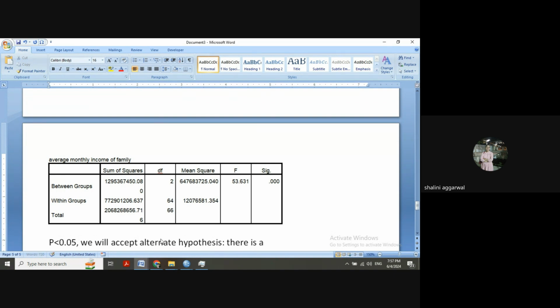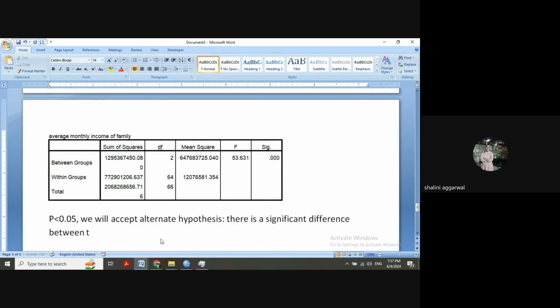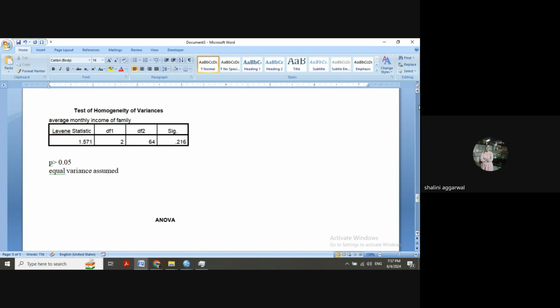There is a significant difference between the monthly salary of graduate, postgraduate, and primary pass. Does everyone understand this? So there is a significant difference between the monthly salary of graduate, postgraduate, and primary pass person, right?